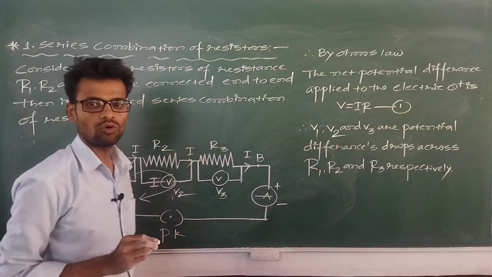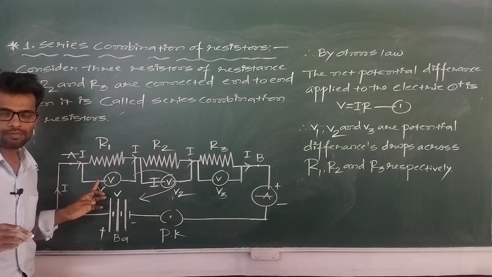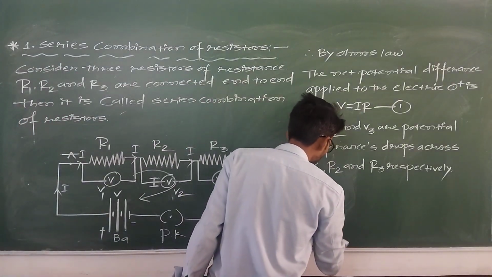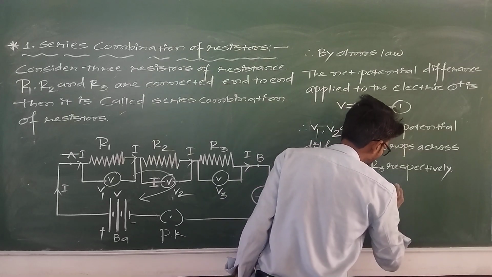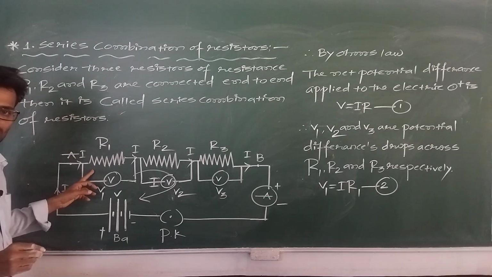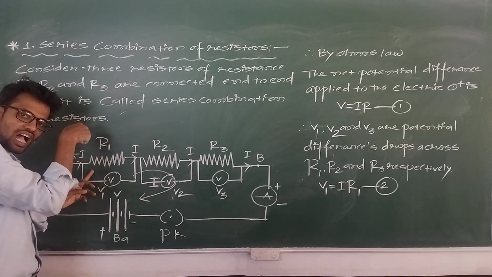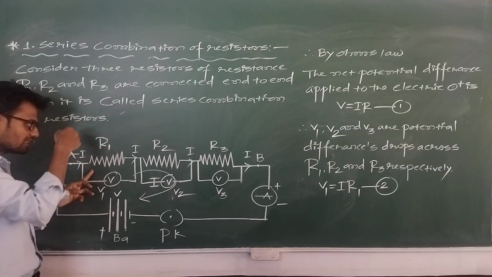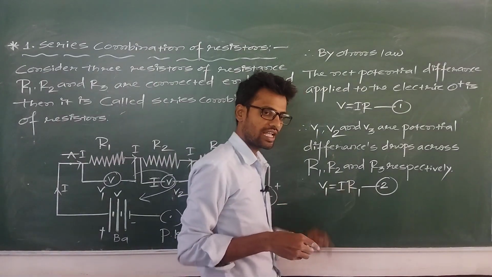So by using Ohm's law, the potential difference drop across R1 is V1, and this is equal to IR1. It is IR1 because the current flowing is the same, and we are finding the potential difference drop at the ends of R1.